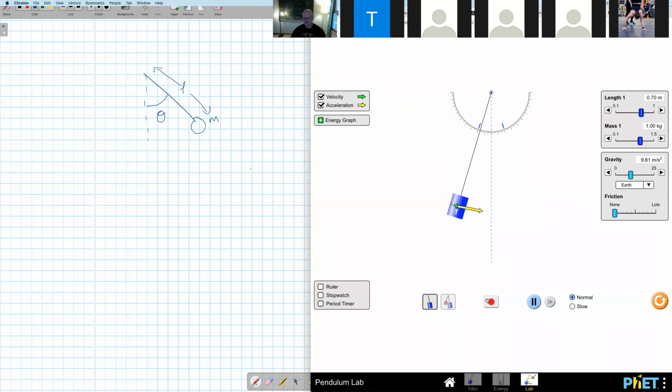However, this is where our caveat comes into play. If I pull it with a much greater angle, say something like 90 degrees, and I let it go, now this is not actually simulating what would happen, but imagine if I pull it out to the side and let it go, what you can see is slack in the string. As this thing starts to fall down, there's not enough tension in the string.